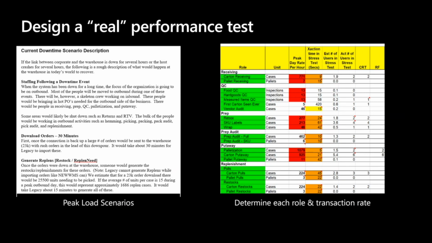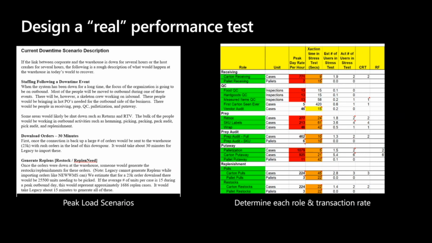And then next, for each of those different scenarios, that's where those transaction volume estimates become important, right? So for that scenario, you need to determine each of those different user roles to fulfill that scenario, and then the transaction rate at which it must be completed, right? So in this scenario, it's a system goes down and it's a receiving process that they're scripting for here.